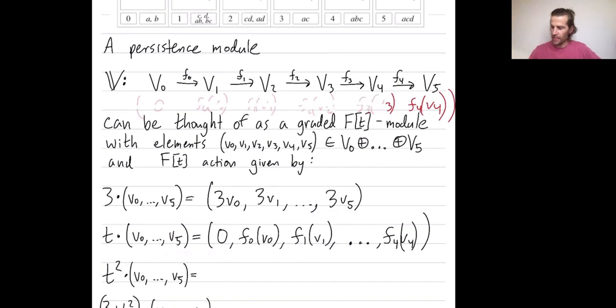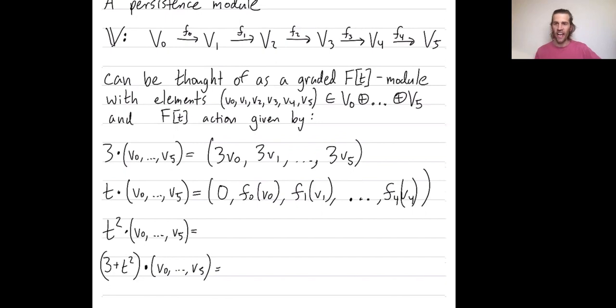Now that you know how T acts, you can guess how T squared acts. T squared acts just by doing T twice, okay? So we apply T once. When we apply T again, we're shifting over 2 slots. So neither capital V0 nor capital V1 have interesting elements in them. But an element that's in capital V2 is obtained by starting with V0, applying F0, and then applying F1.